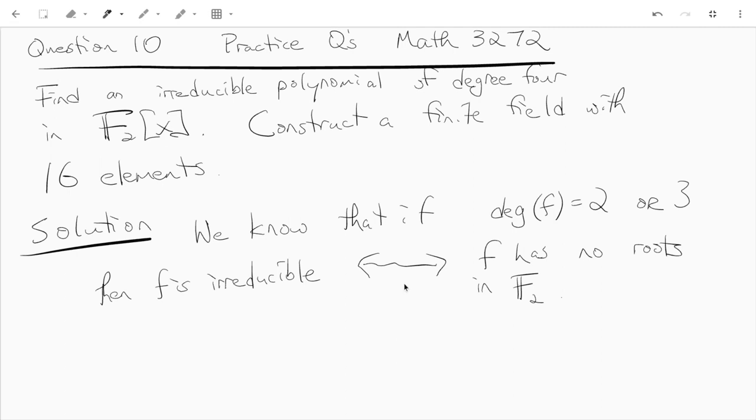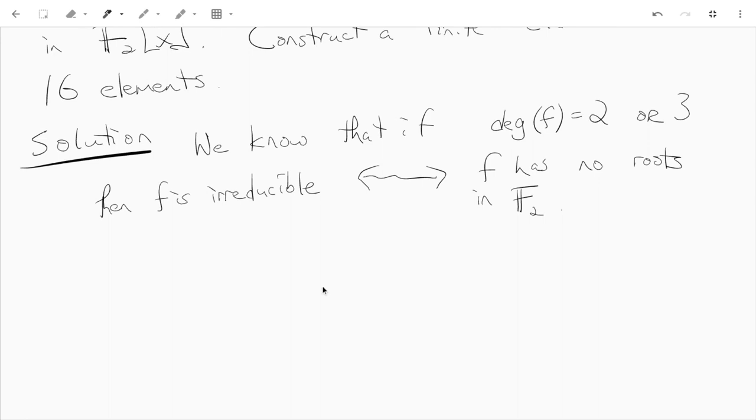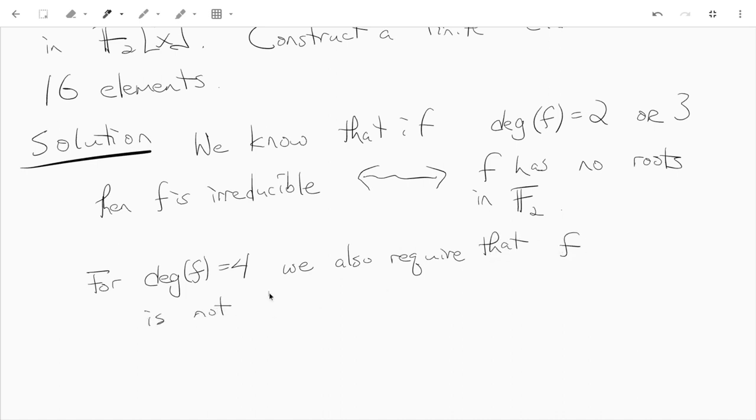Okay, that's not true for degree 4. You can be reducible and just be a product of two quadratics. So for degree 4, we also require that f is not the product of two quadratic polynomials.